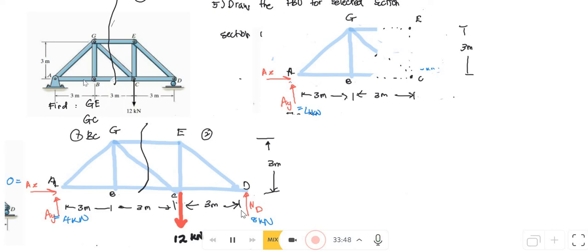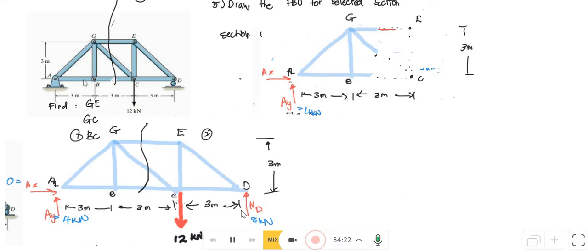Alright, to solve this problem, we can make the assumption that the tension should be positive. Or you can do inspection, but it will be easier for us if we do assumption. If you are already at another level, when you are an expert, then you have the option to do the inspection.